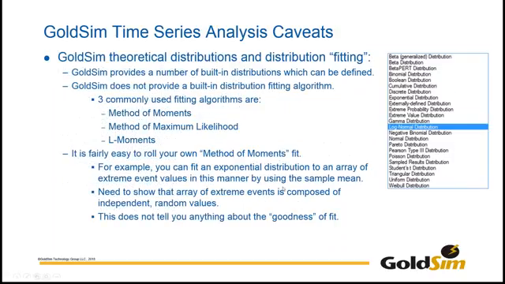This last slide is also talking about how there's not a theoretical distribution fitting algorithm built into GoldSim. You can use it for simple method of moments fits. Again, the exponential distribution fit using the mean of a sample is a good example of that.